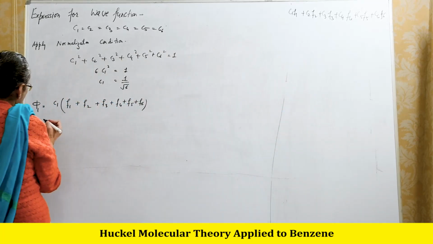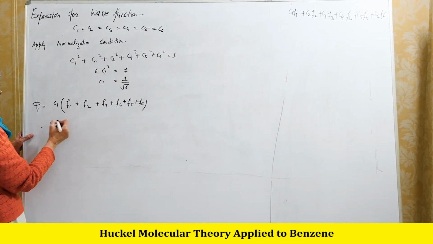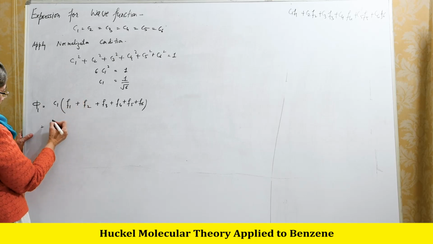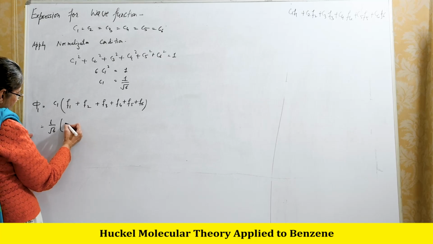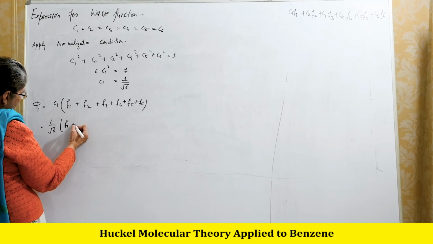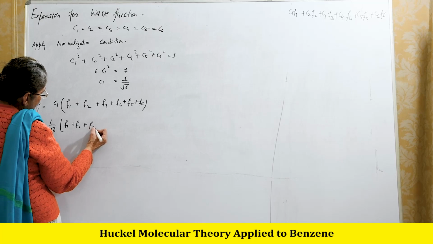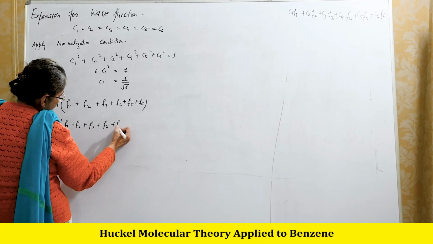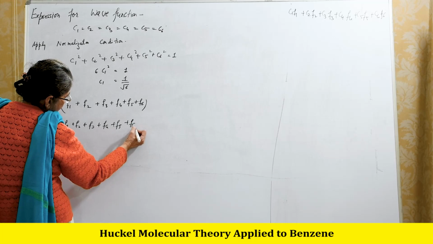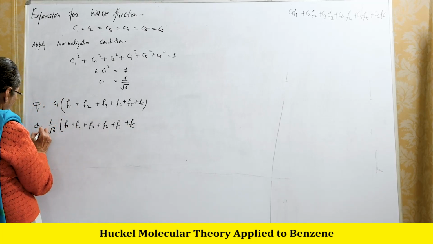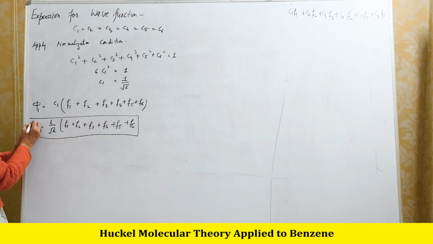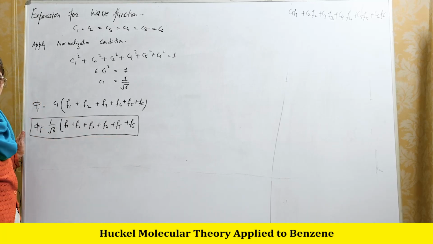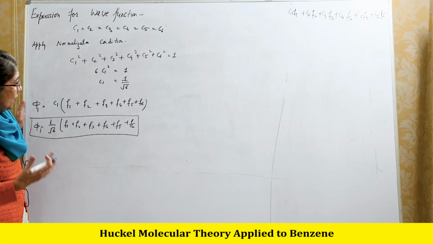So in this way we get that C1 value is 1 by root 6. This is F1 plus F2 plus F5 plus F6. This is the first molecular orbital, and the other 5 molecular orbitals I have uploaded already in the expressions for wave function.